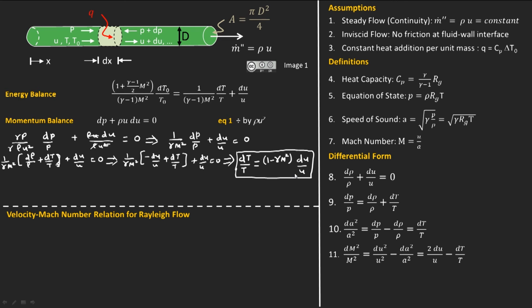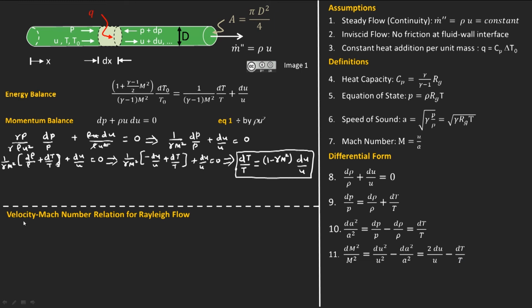Alright, the next step is we now have a relationship of dt over t to du over u, but I also want a relationship for du over u in terms of the Mach number. So to do that, we'll start off using the expression for Mach number, d M square over M square, equation 11, particularly the last form which relates it to du over u and dt over t.